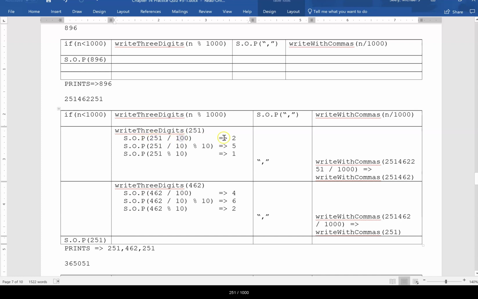251 divided by 100 is 2. 251 divided by 10 modulus 10, that's 5. So this would give us 25. That chops that off, gives us 25. And then, no, that's not right. I'm sorry.